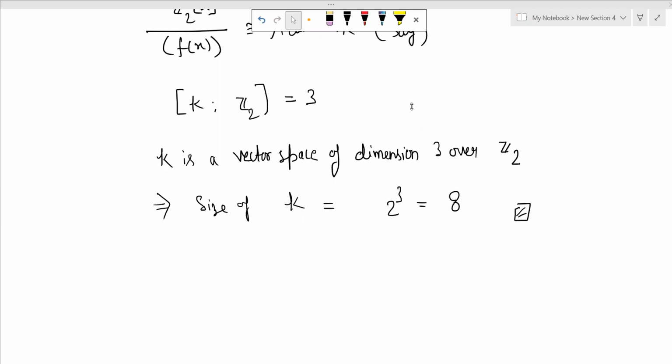Because if you start with Z2, then the size of the field will be only a power of 2. You need a field of size a power of 3, so you start with Z3. Now here it is Z3. So start with an irreducible polynomial over Z3[x] of degree 2, and then you are done.